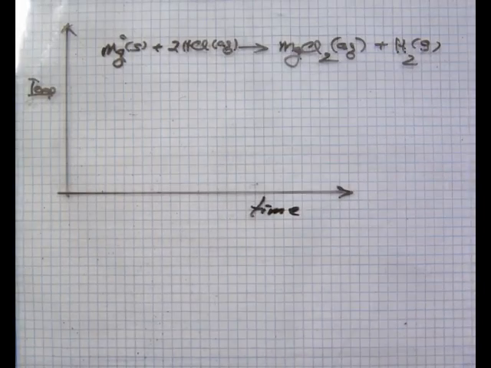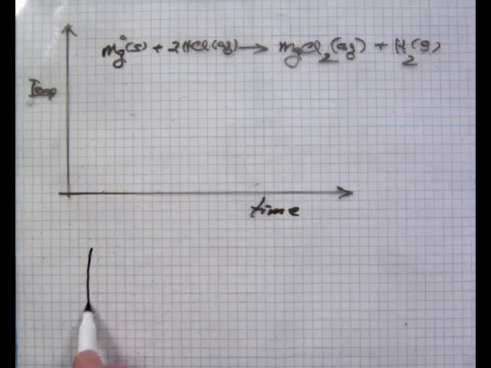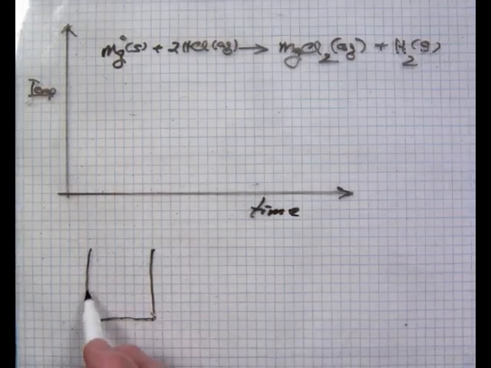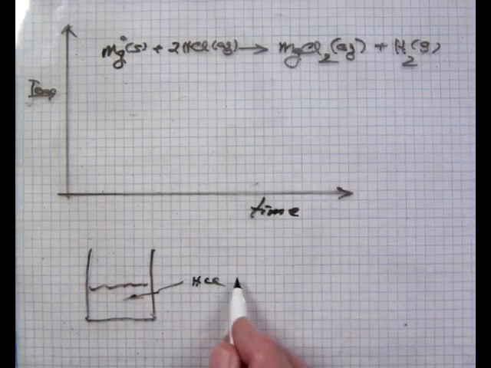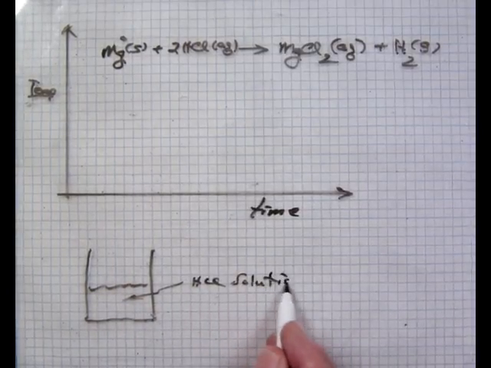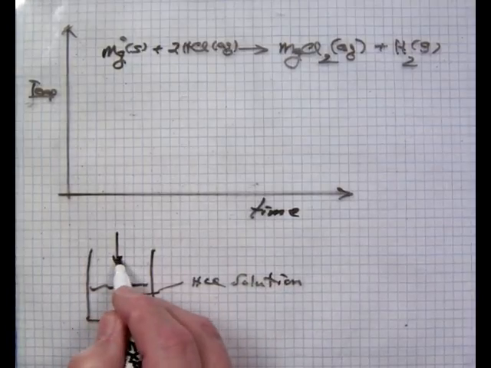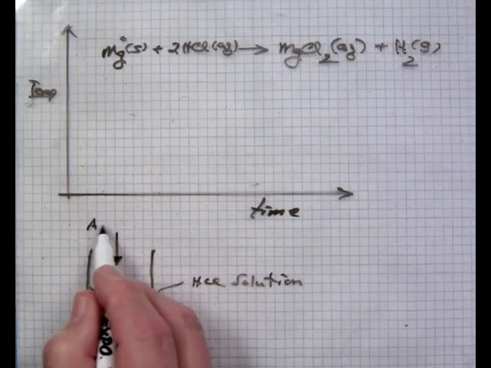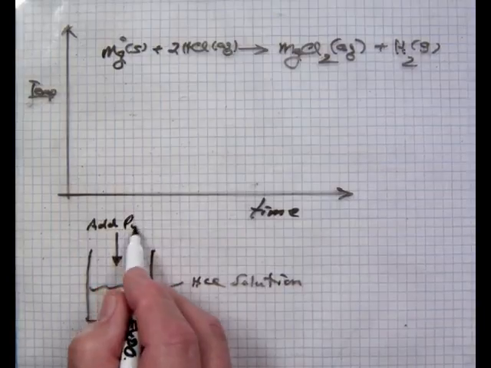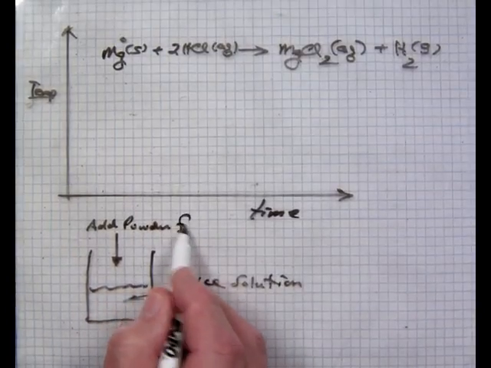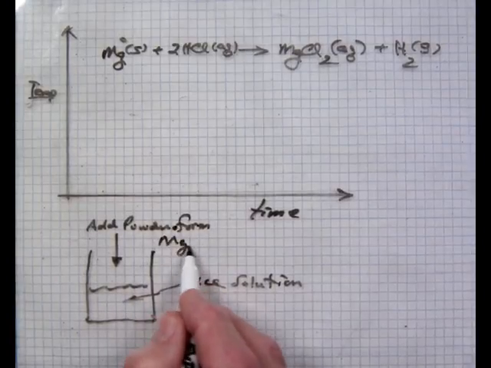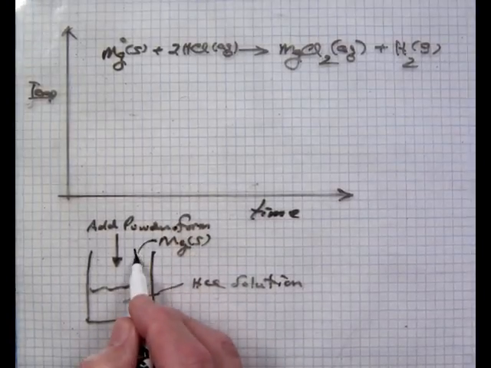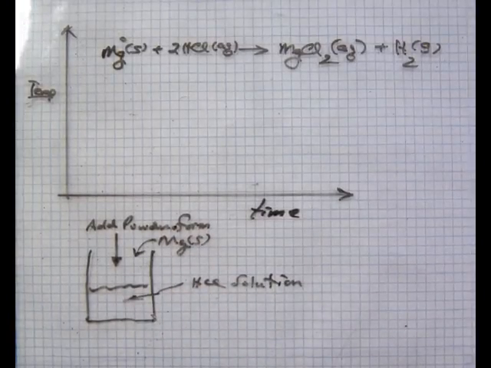Now essentially here is a reaction container, and we have an HCl solution, and you as a researcher add powder form magnesium solid into that.